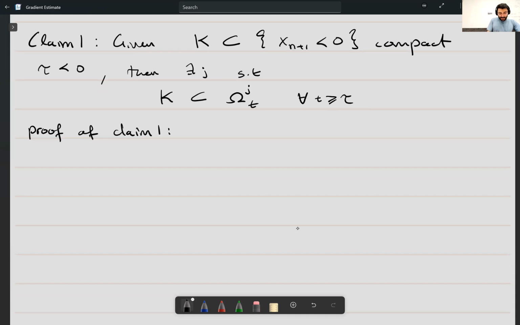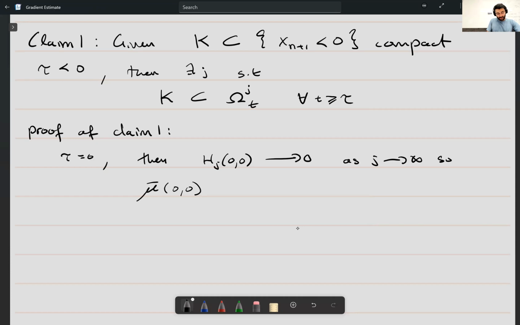Okay, so if tau is equal to 0, then I know that Hj(0,0) is less than or equal to J inverse, so that goes to 0 as J goes to infinity. So using my inscribed radius estimate, I know mu(0,0) is less than or equal to alpha inverse Hj, which goes to 0.